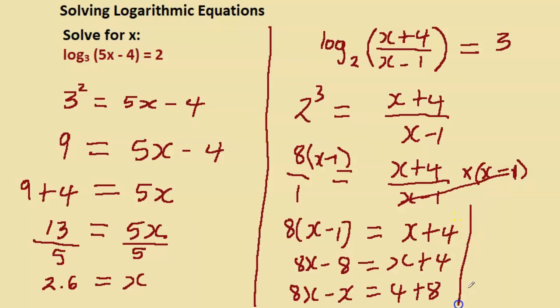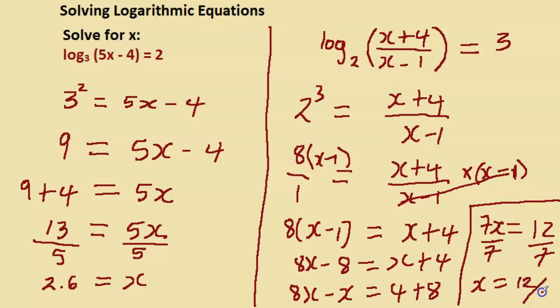So what do we end up with now? 8x minus x, that's 7x. 4 plus 8, that's 12. So we have 7x equal to 12. Divide both sides by 7. x equal to 12 over 7.